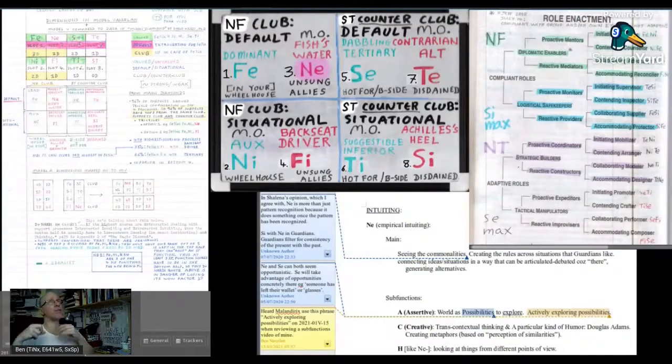And they're not going to actively pursue a possibility just for the sake of it, like say ENFP, because they've got that sense of direction with the NI. And then modest servant, in that the NE is serving the FE.